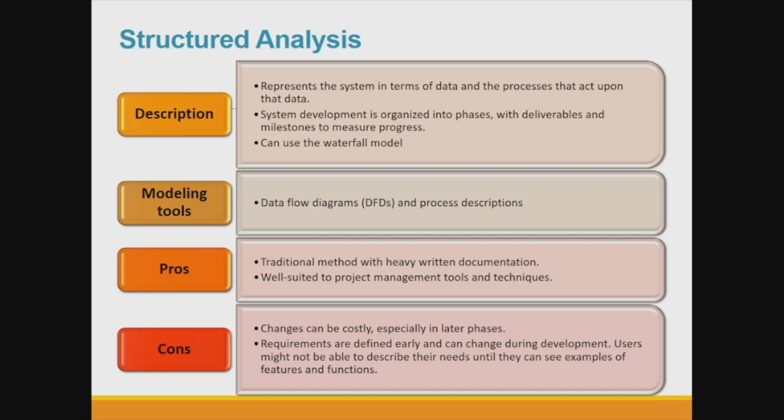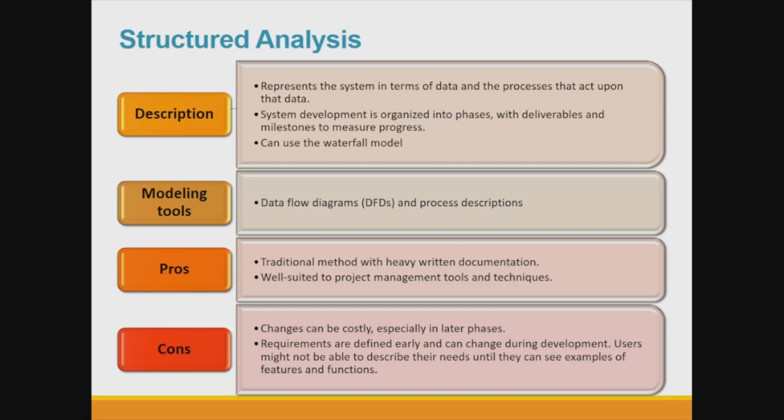Okay, so here, system development is organized into pieces with deliverables and milestones to measure the progress, and it can use the waterfall model. This one is structured. We have several pieces. For example, we have the planning piece, and then the analysis piece, and then design, development, implementation, testing.